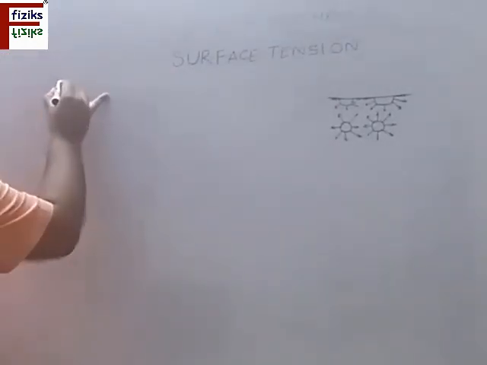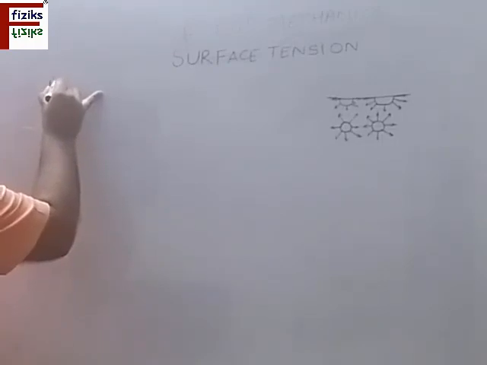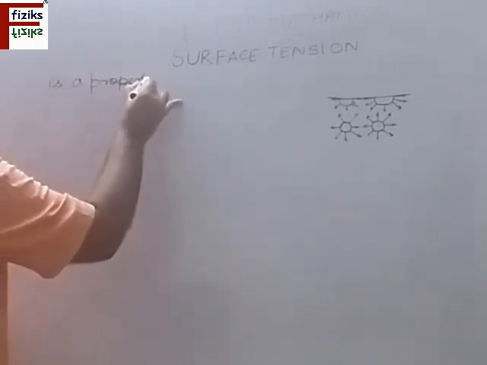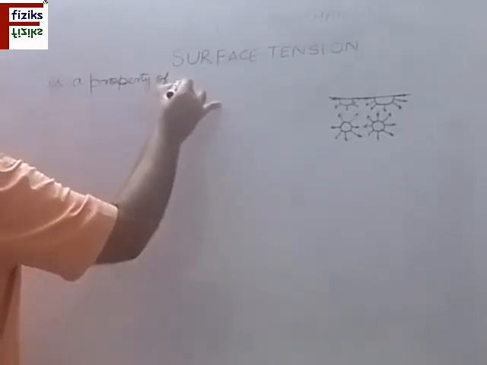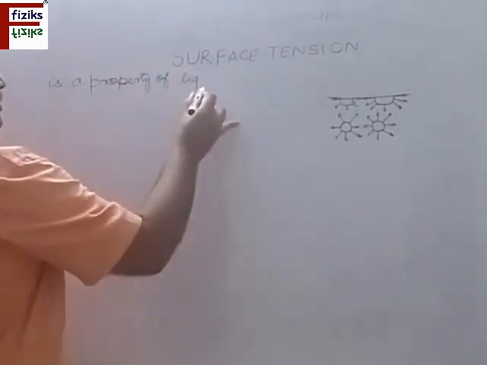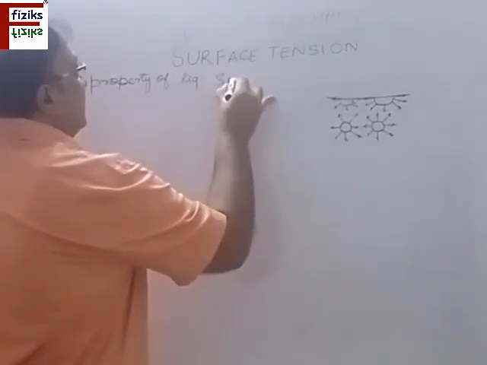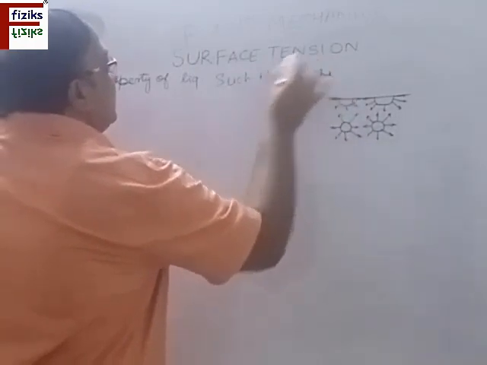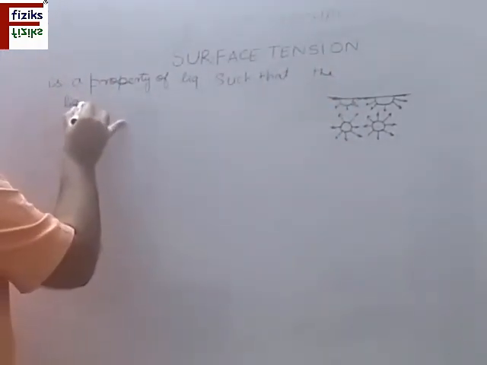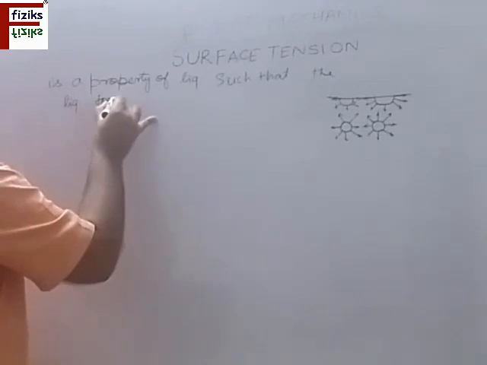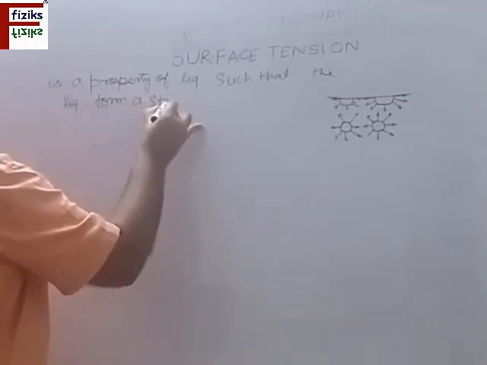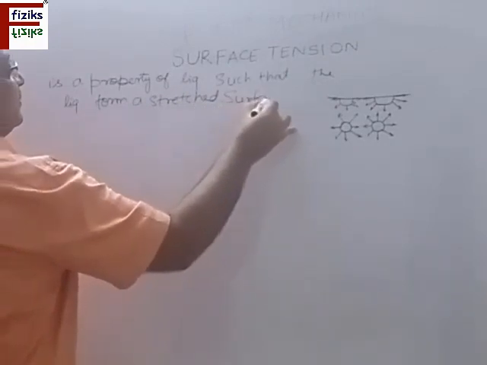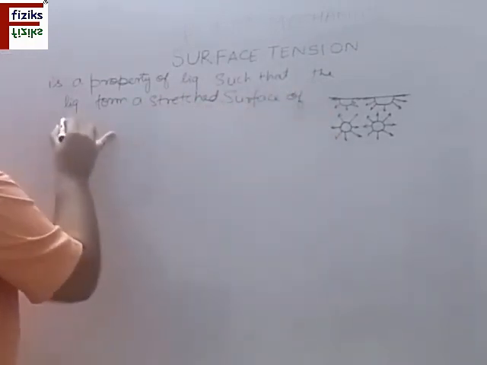So we can explain that surface tension is a property of the fluid or liquid such that the liquids form a stretched surface of minimum area.